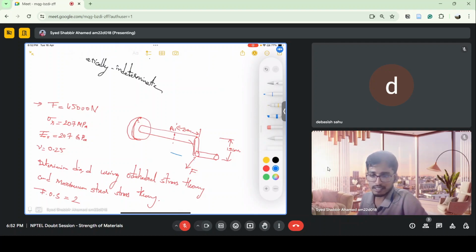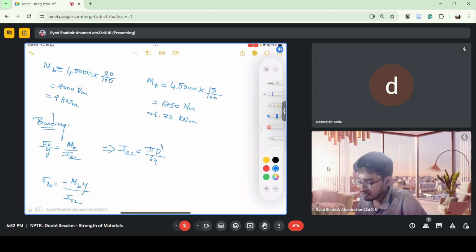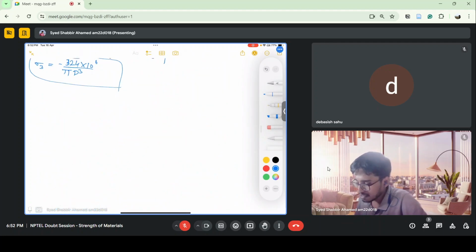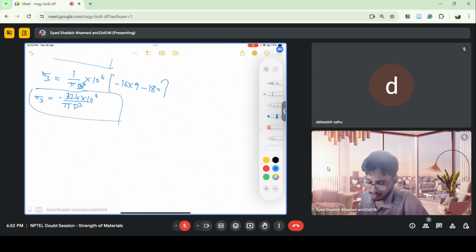We don't have the actual structure, so we are just using this theory such that whatever the bounds are for the structure to fail should not be crossed, and the dimension should be in that range. So let's find out the diameter first using the maximum shear stress theory.